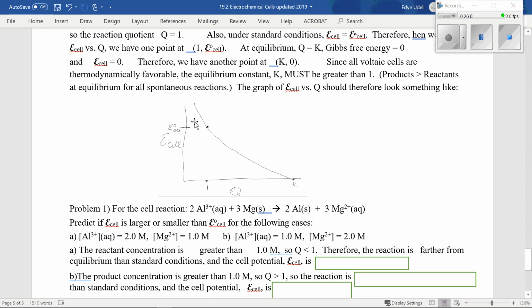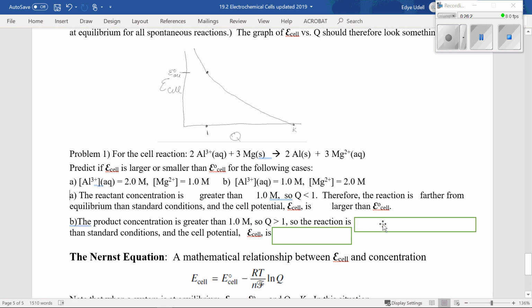It's over here. So now we can look and we see our cell potential is greater. We are farther from equilibrium along this axis, and the cell potential will be larger than E0. Notice we're moving away from equilibrium right here. When we get closer to equilibrium, the cell potential heads towards 0. Farther from equilibrium, the cell potential increases.